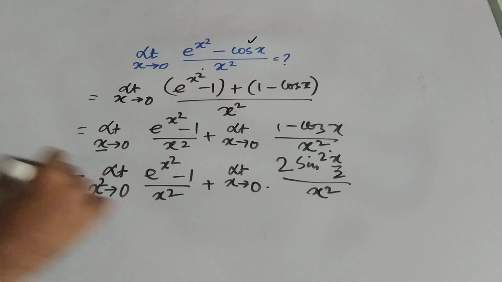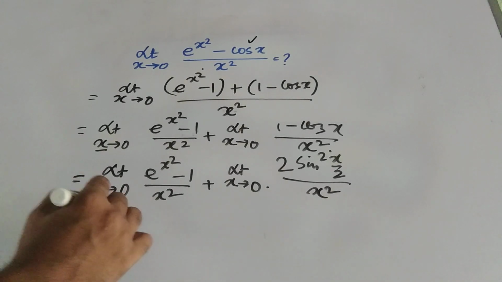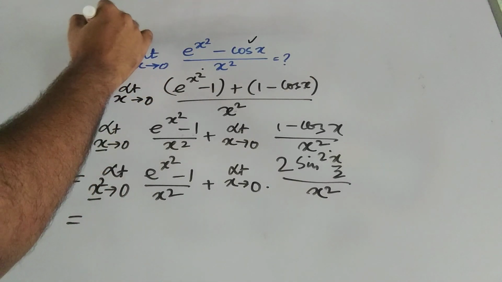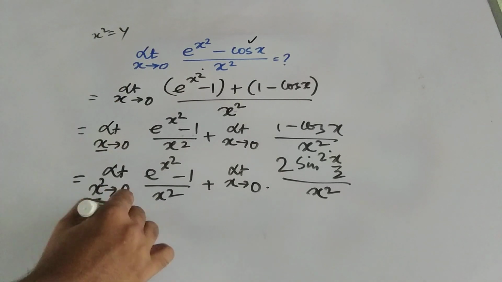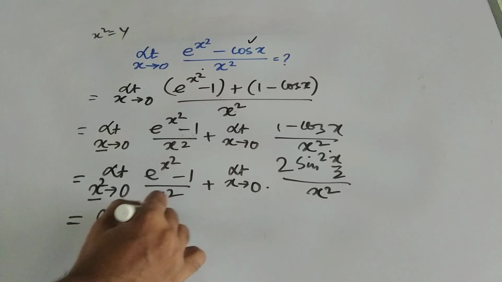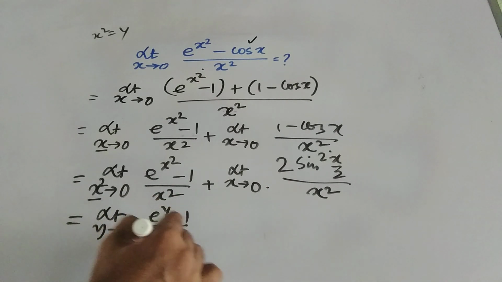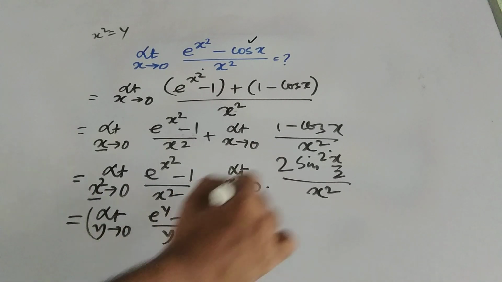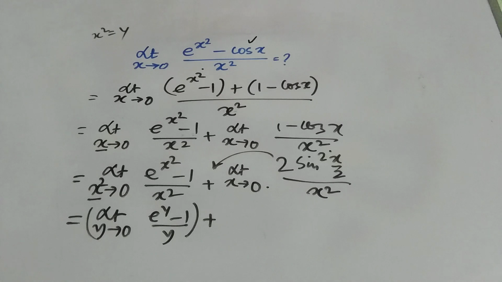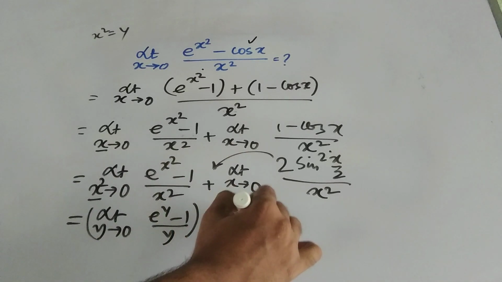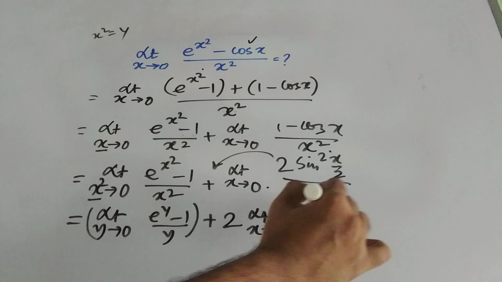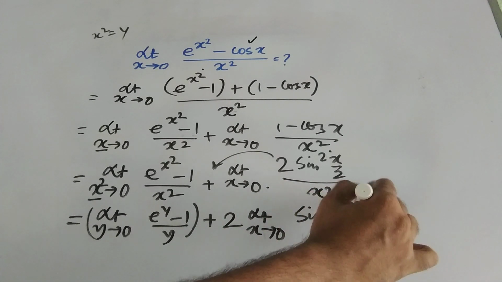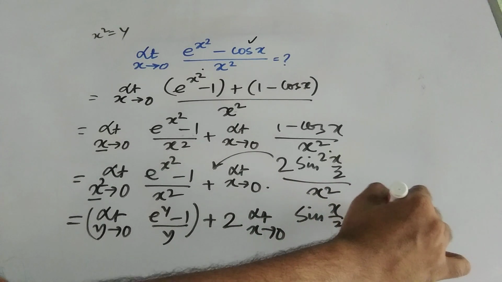Now obviously if I just substitute x square by y, that is if I write x square equal to y, then it comes to limit y tends to 0 e to the power y minus 1 by y plus 2 can come out of this because this is a constant. So 2 into limit x tends to 0 sin square x by 2, I am writing it as sin x by 2 into sin x by 2.